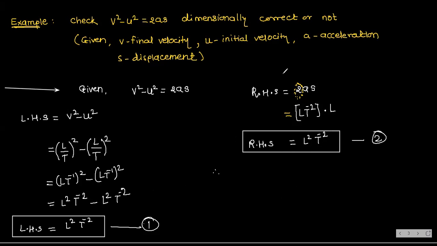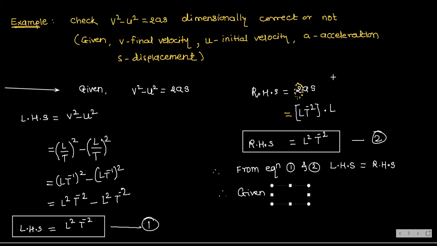So therefore you can write, from equation 1 and 2, LHS is equal to RHS, and therefore the given physical equation or relation, whatever you want, I am writing: the given equation is dimensionally correct.